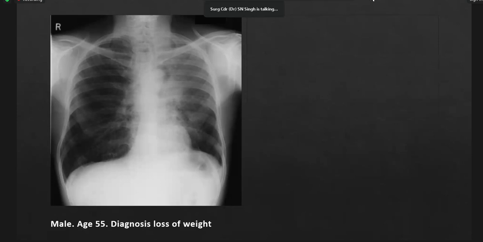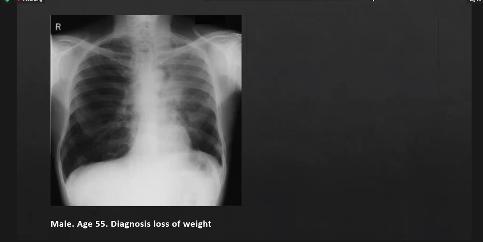Very good. So there is a mild shift of the mediastinum towards the left, and so this could represent left upper lobe collapse. Okay. And what do you think is the most common reason? Male, age 55, diagnosis loss of weight.